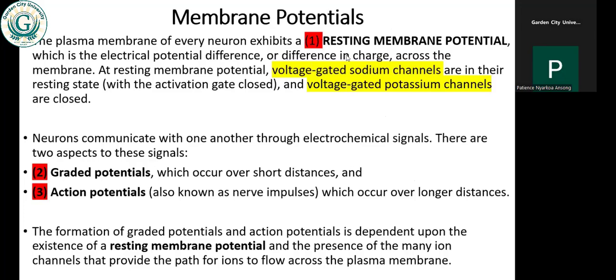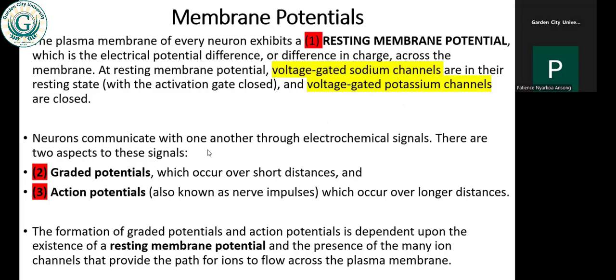When the cell is at rest, it means it's not functioning or it's not performing its function. When you take the neuron, since we are talking of the nervous system, the neuron functions to transmit signals. So when the neuron is not transmitting any signal, we have a resting membrane potential around the cell membrane.